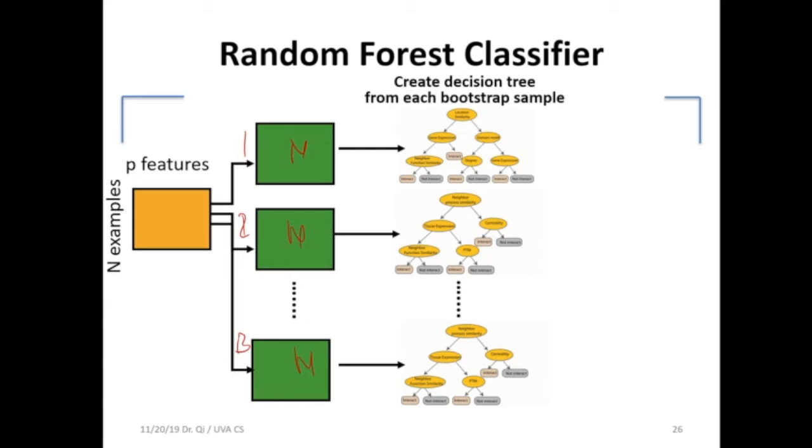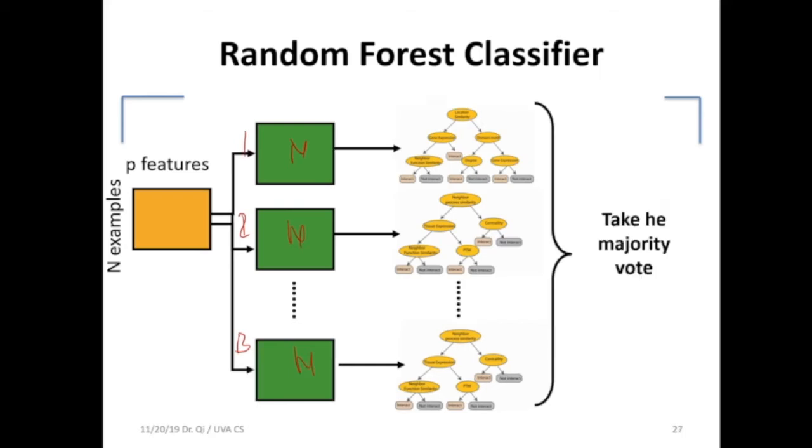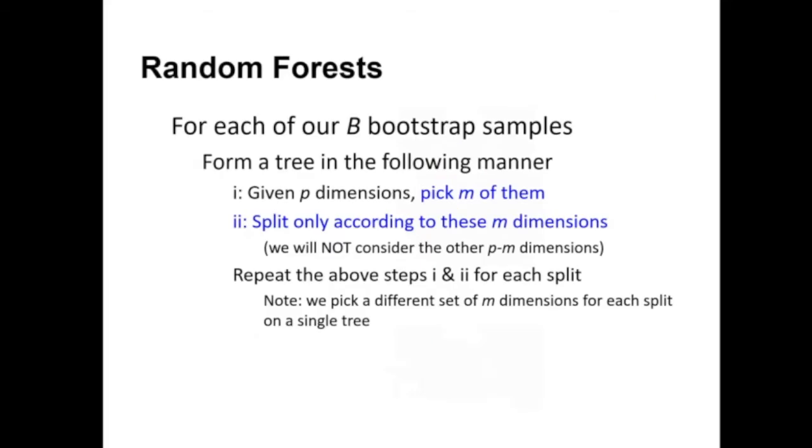All right, so you grow B different trees, and at each split, only a random subset of M of your features are considered. Then you can again do majority voting or mean prediction, and it's all supported in the package.